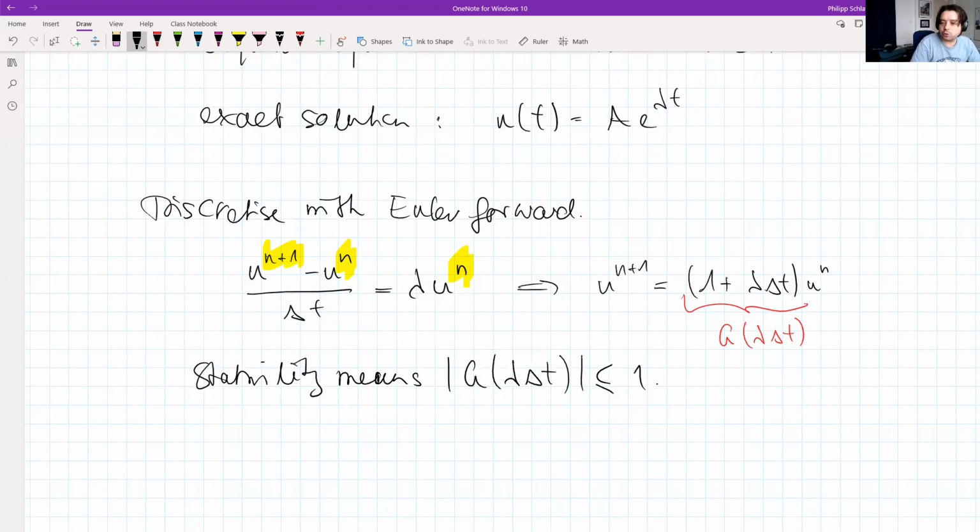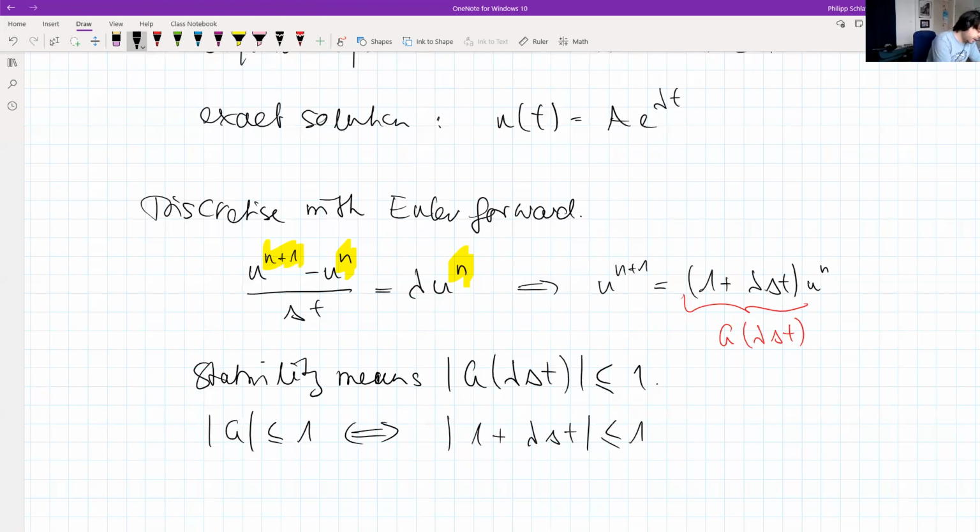So what we now need to do is to analyze whether this is the case. Okay, so G should be lower or equal 1. Well, if we now fill in the expression that we have for G, that means that the absolute value of 1 + lambda delta t needs to be lower or equal 1.